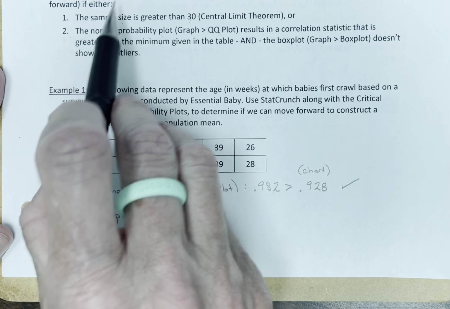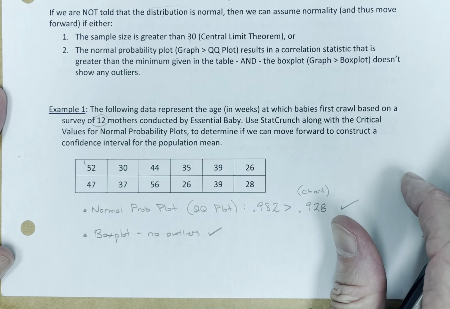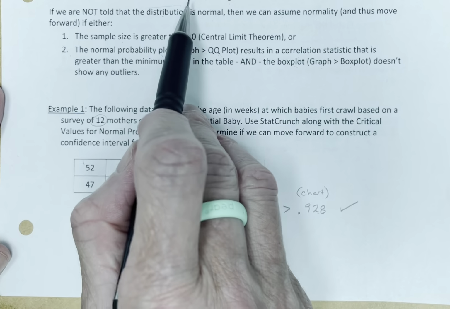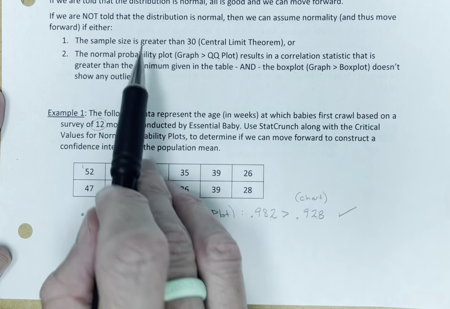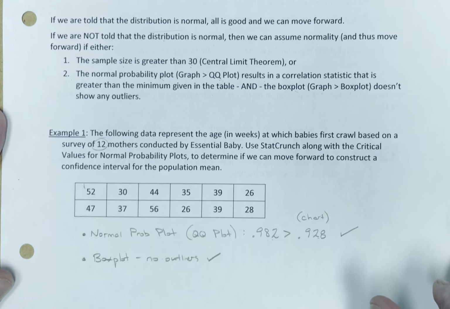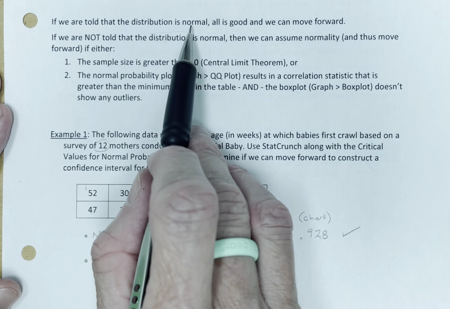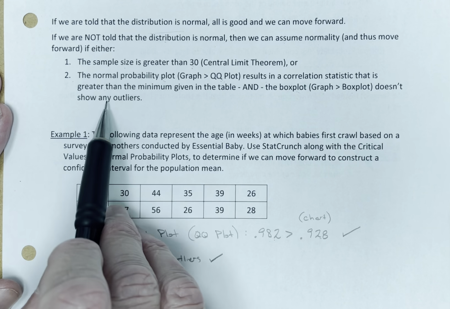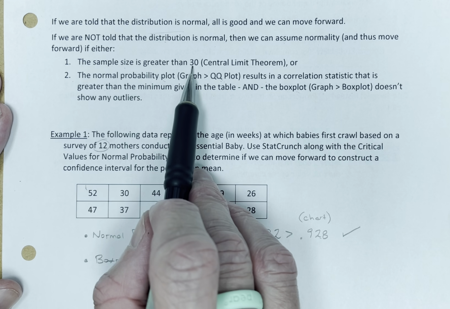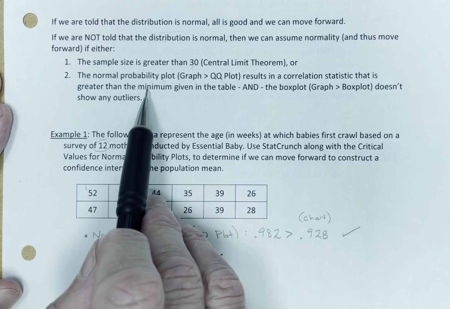So back up to here. Let's come up a little bit here. We weren't told it was normal. I've got to make it so you can see that. I'm sorry about that. We weren't told that it's normal. So we had to move down to one of these two. The sample size is not greater than 30. We had to move to this one.